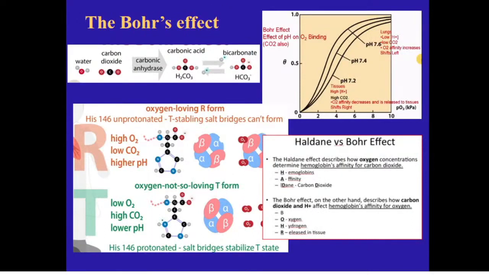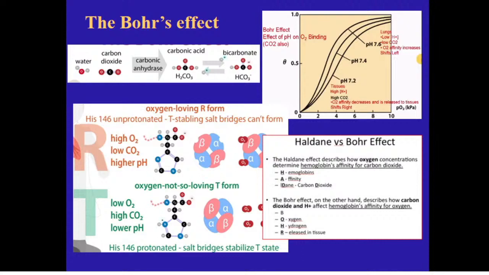Let's look at the action of the enzyme that is present inside of erythrocytes. Carbonic anhydrase. This enzyme can convert water and carbon dioxide to carbonic acid and bicarbonate ion.